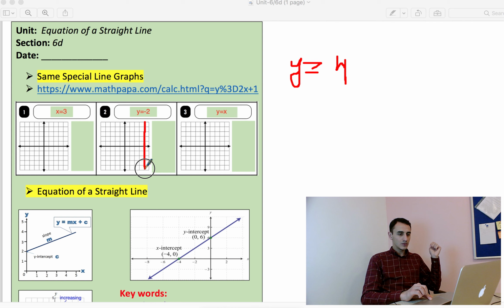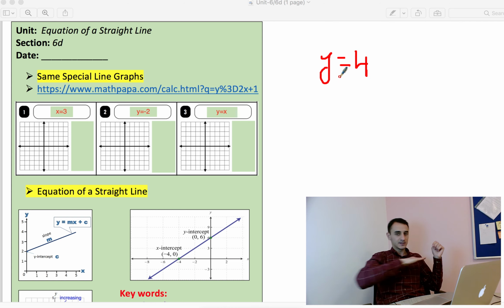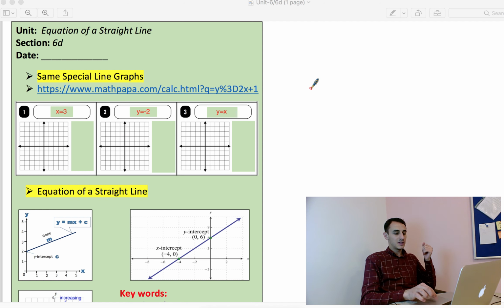Actually, y is equal to 4, right? So this line needs to be parallel to the x-axis. So I need to find 4 on the y-axis, not on the x-axis. 4 is here, 1, 2, 3, and 4. So my line needs to be like this. Okay, this is 4. Clear?